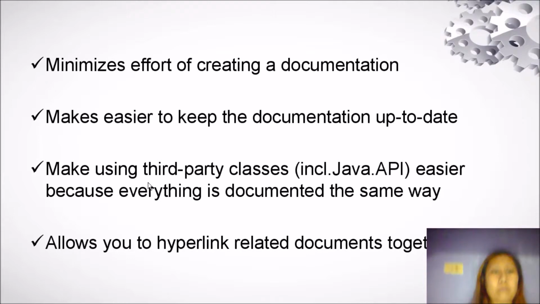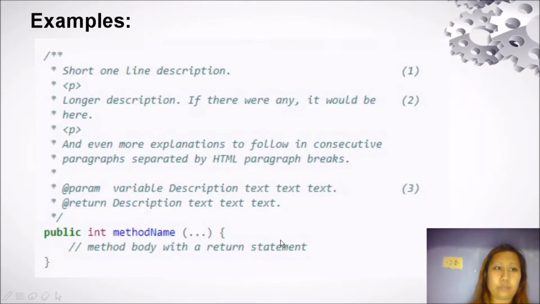So JavaDoc minimizes the effort of creating documentation, makes it easier to keep the documentation up to date, makes using third-party classes easier because everything is documented the same way, and allows you to hyperlink related documents together. So, for example, embedded in this one, we have a short one-line description.